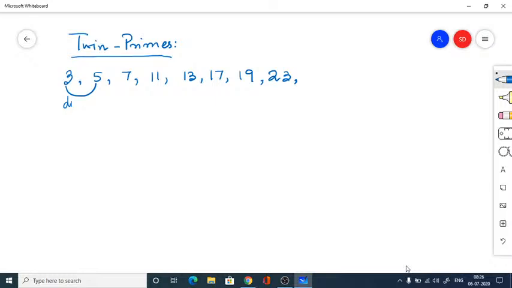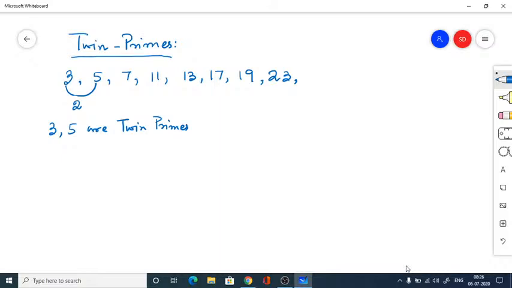If you subtract 5 minus 3, what will you get? 2. So 5 minus 3 is 2. So we say that 3 and 5 are twin primes. Two prime numbers whose difference is 2 are called twin primes.